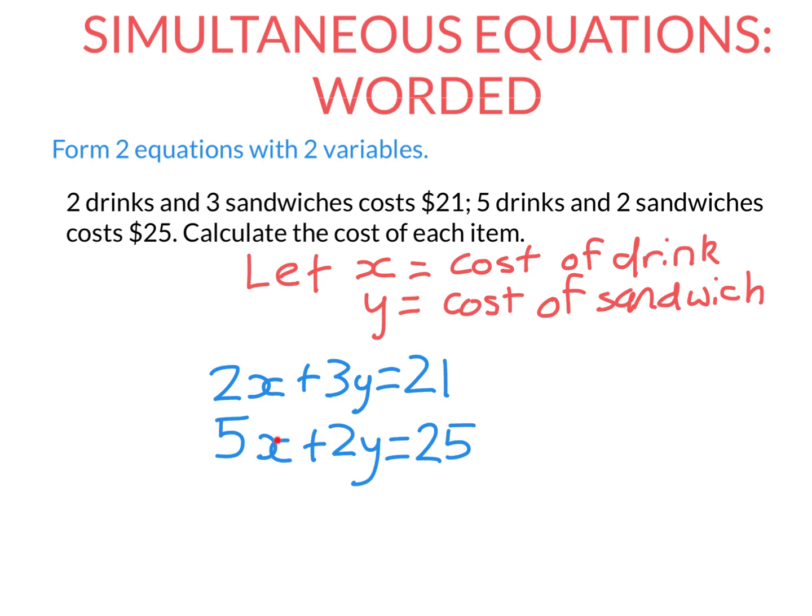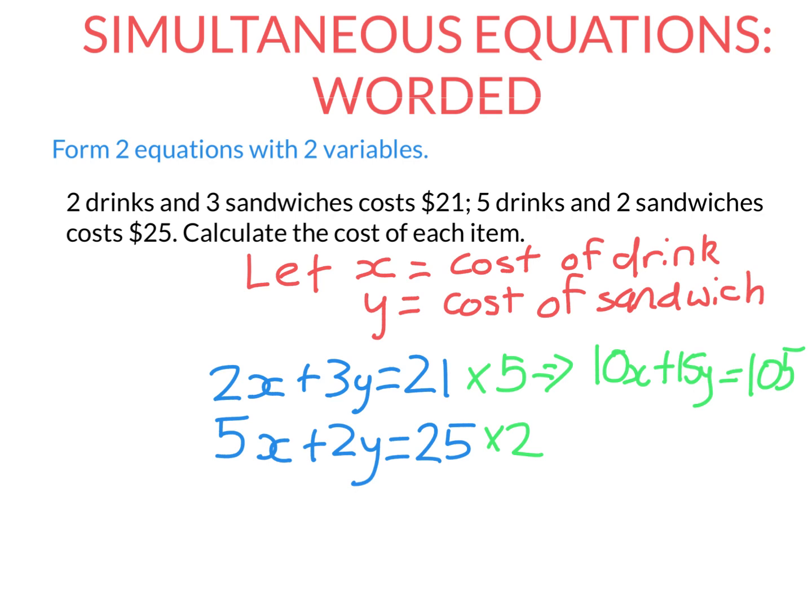Because neither x nor y has the same coefficient in both equations, I'm going to multiply the equations. I'm going to multiply the top one by 5 and the bottom one by 2. And that's because if I multiply the top one by 5, I get 10x plus 15y is 105. Remember, you have to multiply everything by 5.